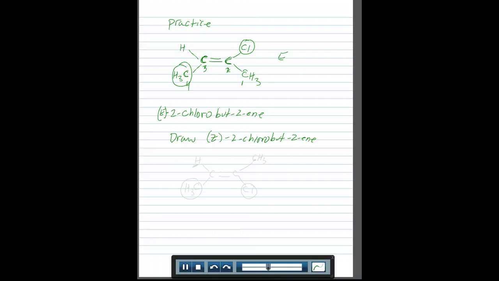The way this is going to look is you just switch one of the groups. You just switch one of them. So I keep that the same, but let's put the chlorine down here and put the methyl up. And that would be the Z, because carbon still gets priority over hydrogen, and chlorine still gets priority over carbon, but notice we switch the groups. So that would be the Z.